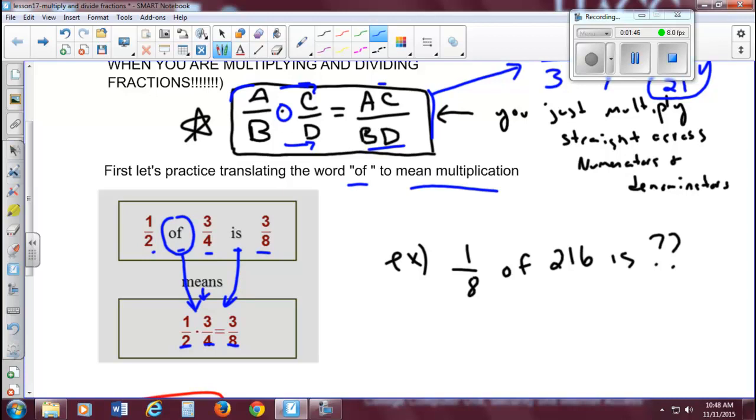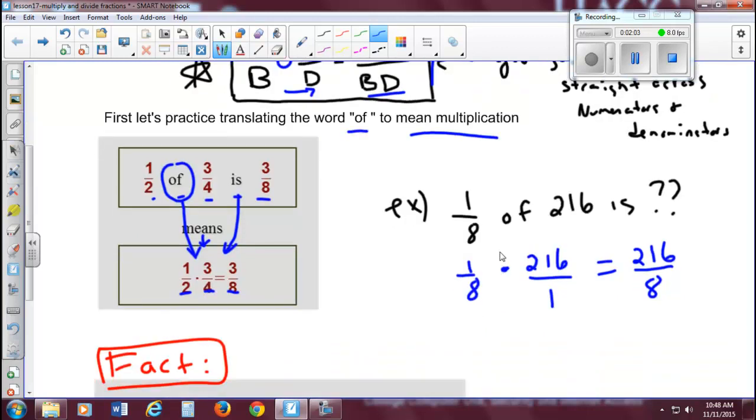Let's try over here. 1/8 of, meaning multiply, 2/16. Now we can put 2/16 over 1. "Is" means equals. Now, according to what we said, you travel straight across, right? So you'd have 2/16 over 8, which is right, but maybe it can be simplified.